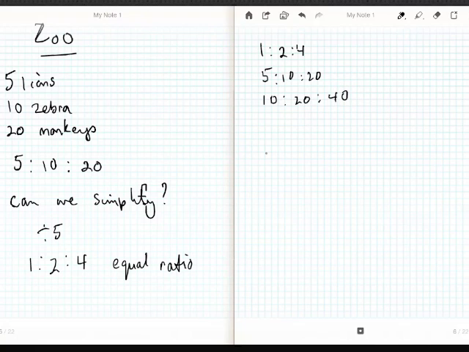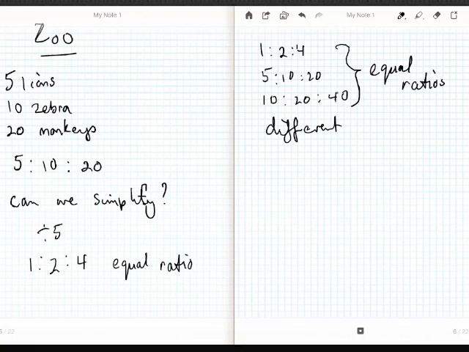They are all equal ratios, just with a different quantity. So all of these are equal ratios but with a different quantity.